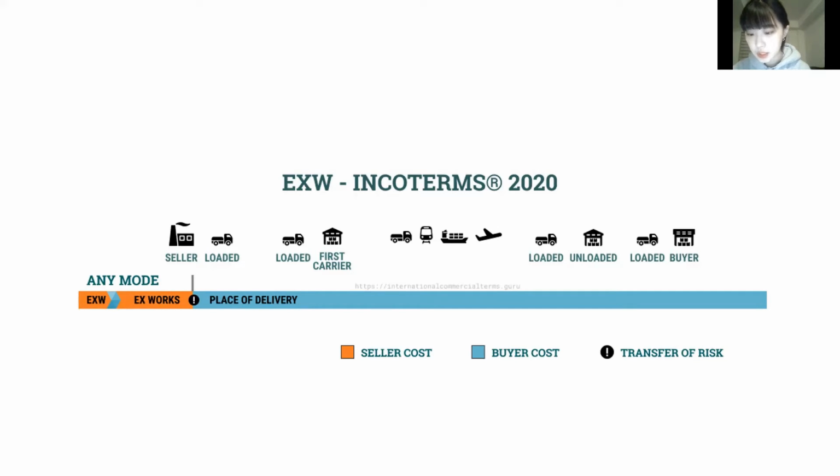Even if the seller helps the buyer by loading the product onto the ship, it is still up to the buyer to pay if anything goes wrong during the loading.